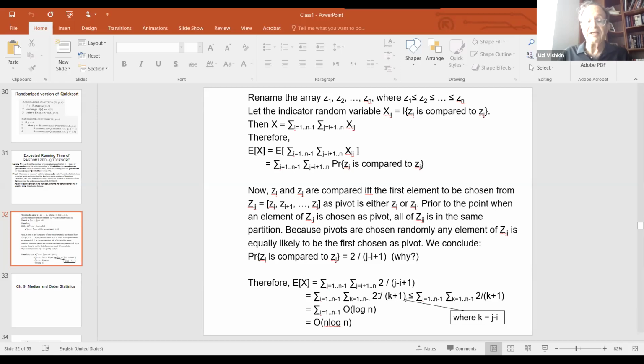In each case, I need to take 2 over the gap between them and sum up. And I do it for all the i's.